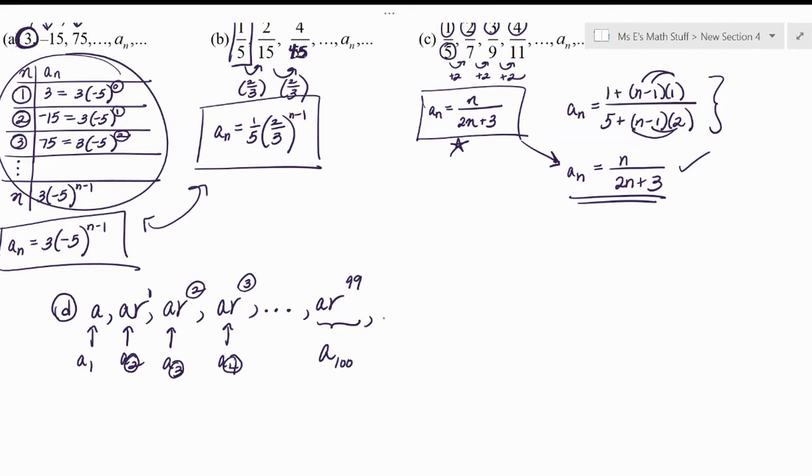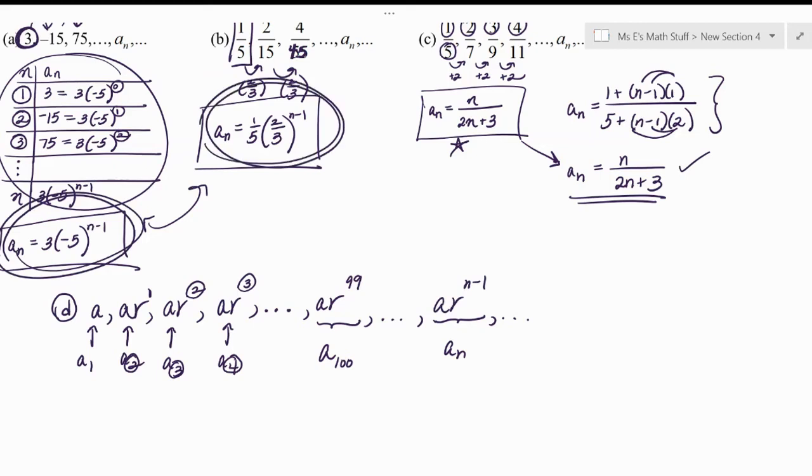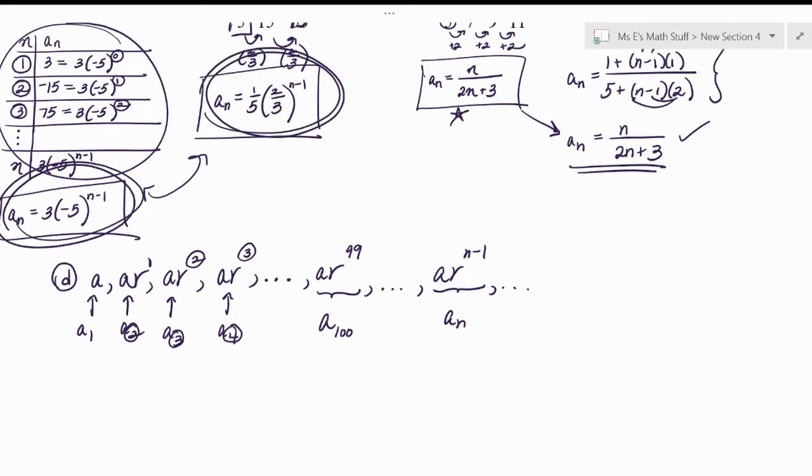So the point is, what is the formula for, just in general, the nth term of any geometric sequence? So yeah, it would be your first term times your common ratio to the n minus 1. And if you look back at parts A and B, our answers really fall into that pattern anyway.